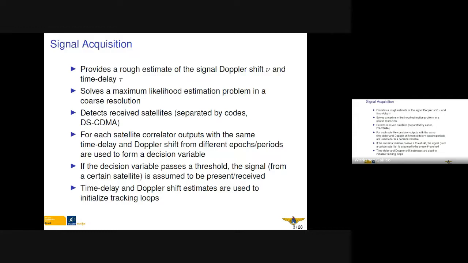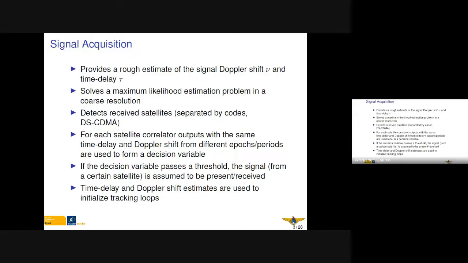If, for example, a Doppler shift is quite large and we make a large estimation error, it can happen that the processing gain is not enough to have a meaningful signal after, or estimate of, the time delay. We have to solve a maximum likelihood estimation problem in a coarse resolution. Usually the acquisition does not need to be so exact to initialize then the tracking.